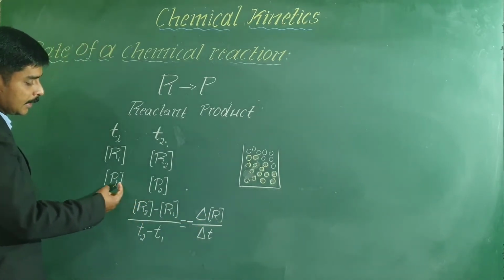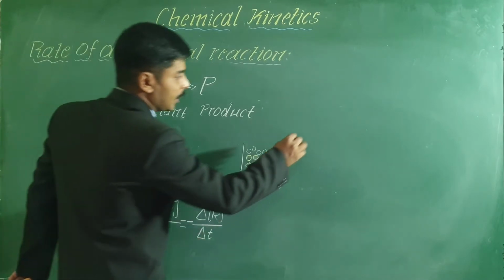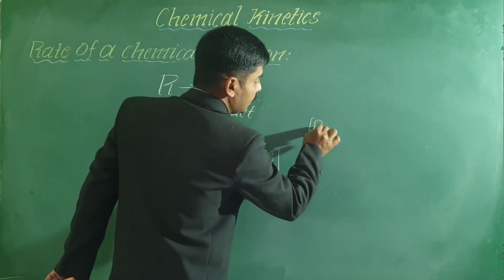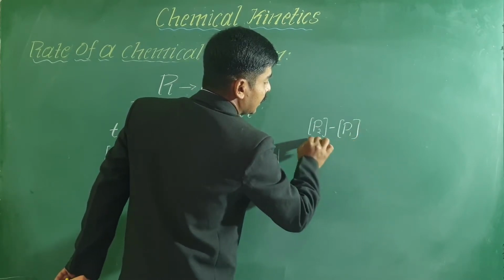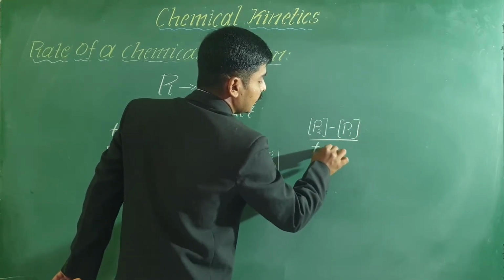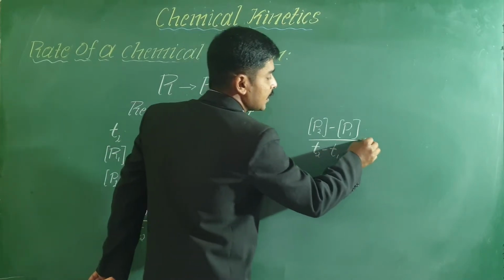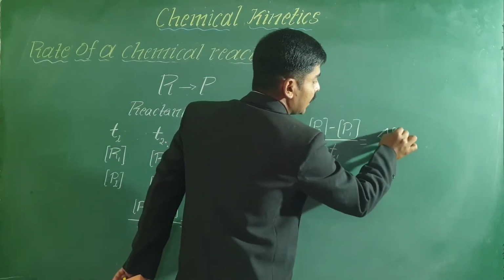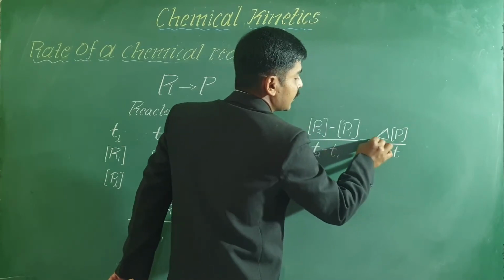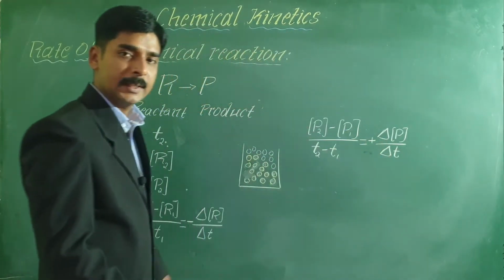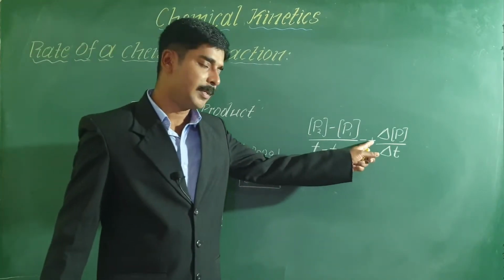Similarly, let us take the change in concentration of the product. That is P2 minus P1 by T2 minus T1. This can be written as delta P by delta T. Since the concentration of the product increases, we put a plus sign.